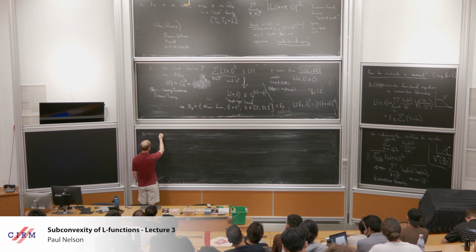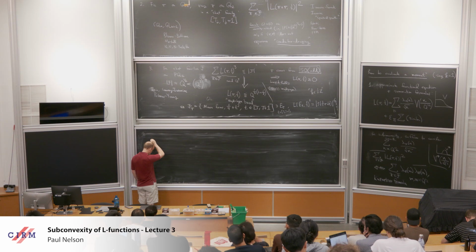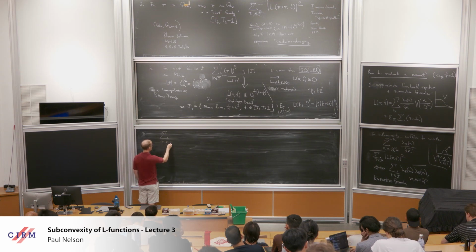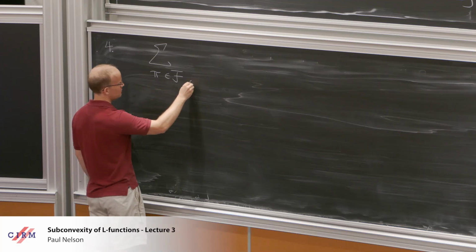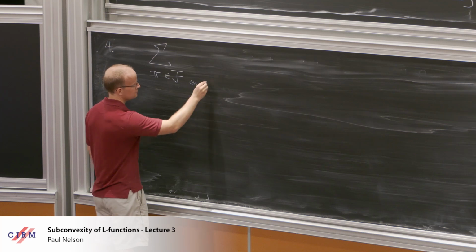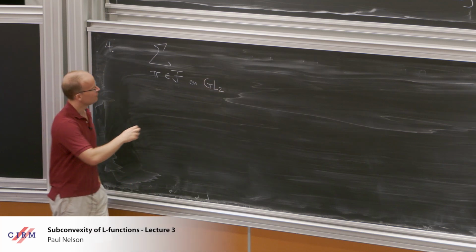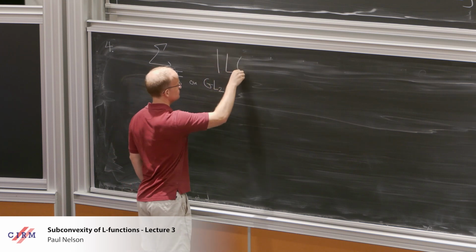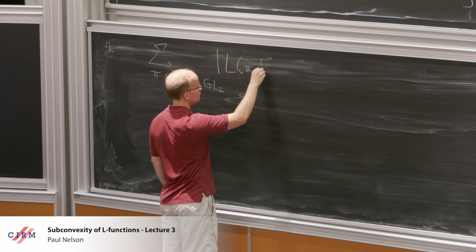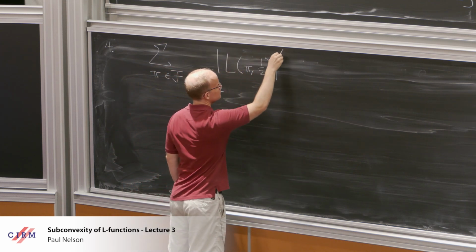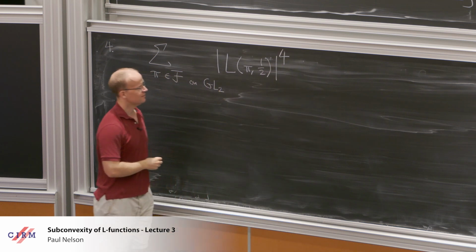But okay, what is the family in a basic example? It might be you take a sum over pi in, let's say, family F, maybe on GL2, and you take the fourth power of the L function.